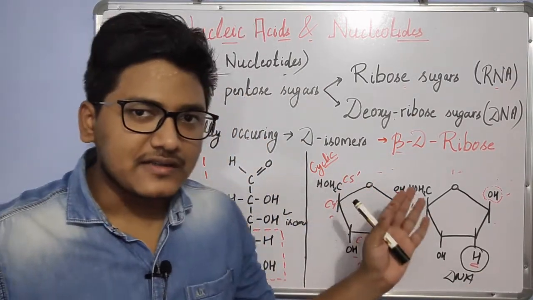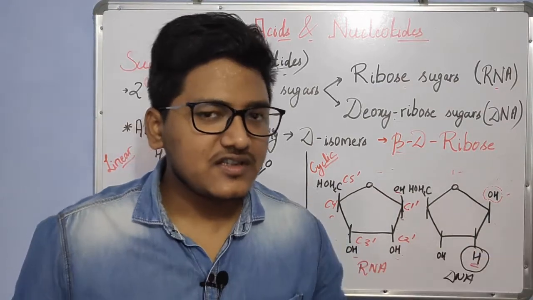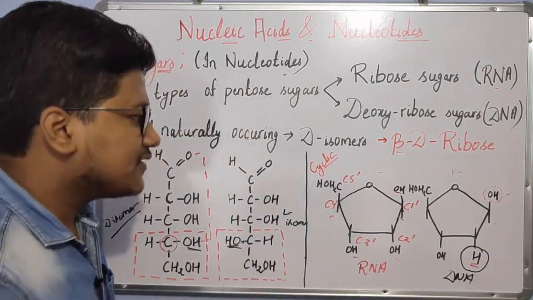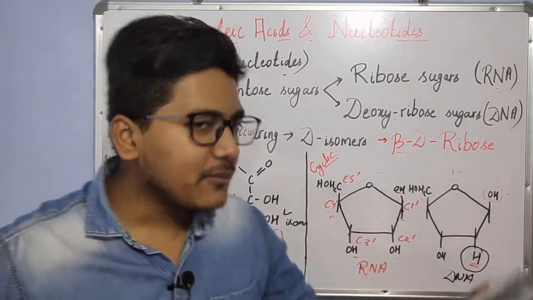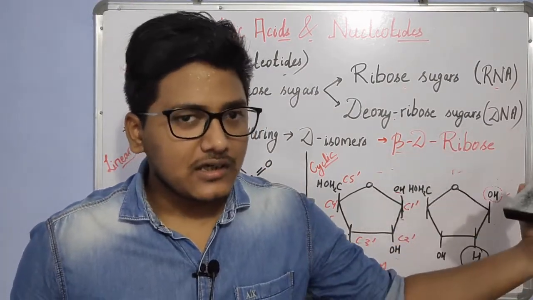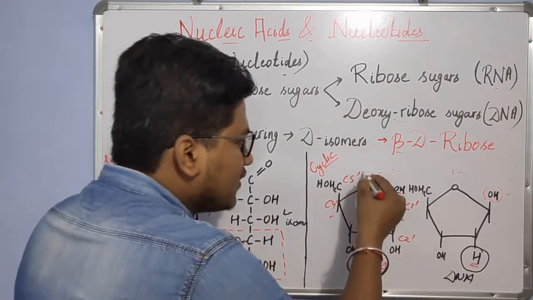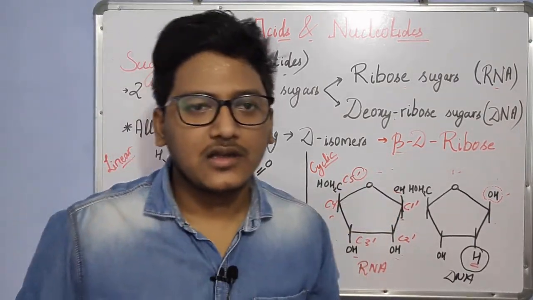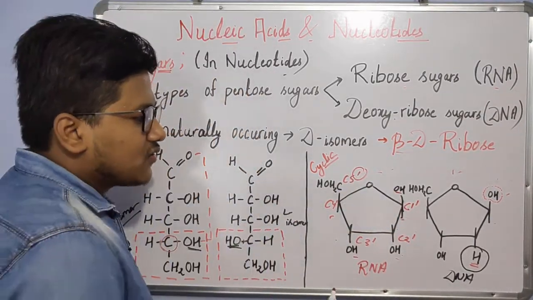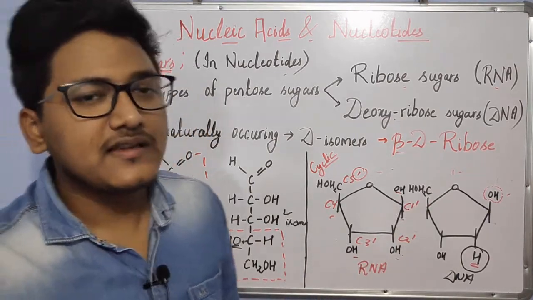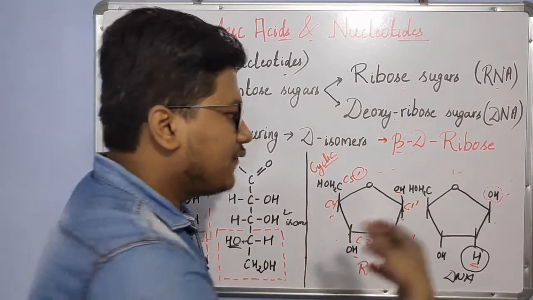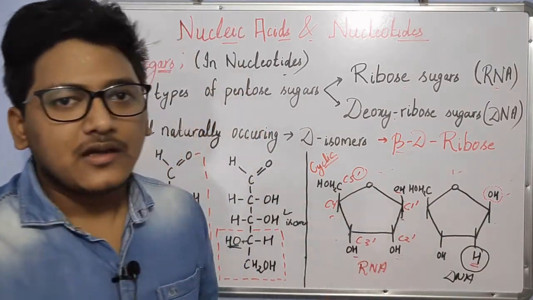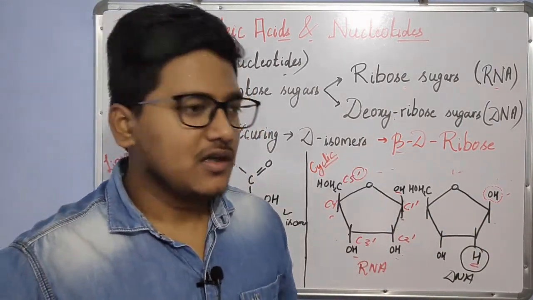The nitrogenous bases also have carbon atoms, named C1, C2, C3 and so on. So to distinguish the carbon atoms of the ribose sugar from those of the nitrogenous bases, we give the prime symbol. It is a simple thing, but it is important, because when we refer to a particular carbon position, we can differentiate it with the help of this prime.